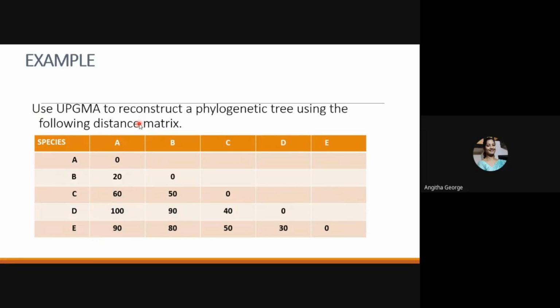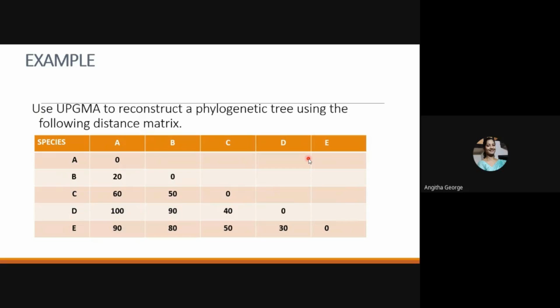For the construction of a phylogenetic tree using UPGMA, we take a distance matrix and do those two steps repeatedly until we get two clusters. Thus we can construct a phylogenetic tree. By solving this example, it's understandable how to construct a phylogenetic tree.